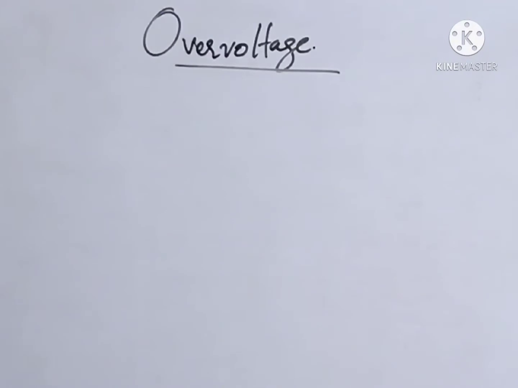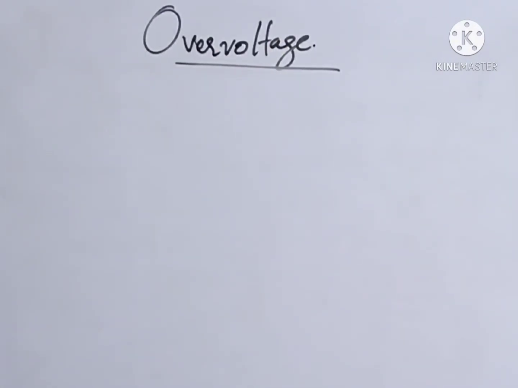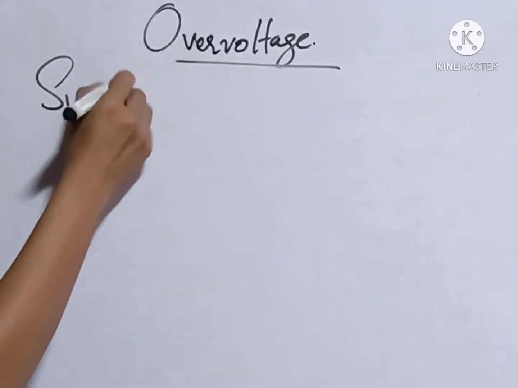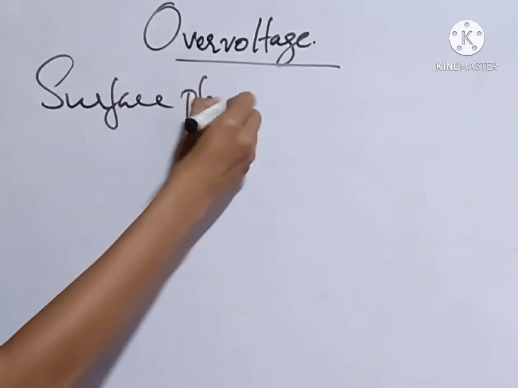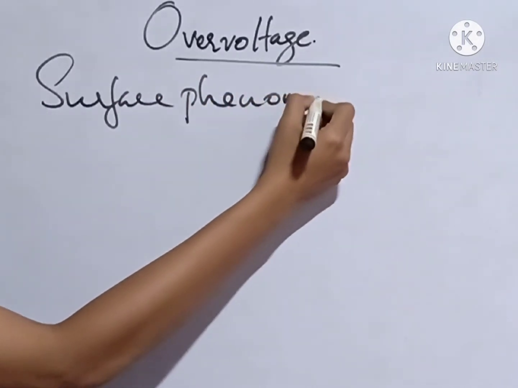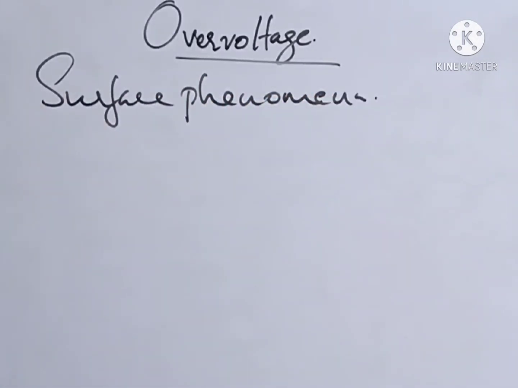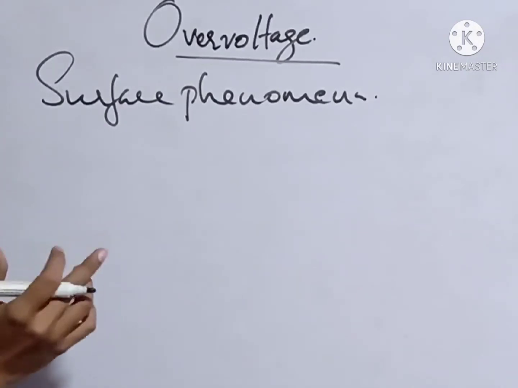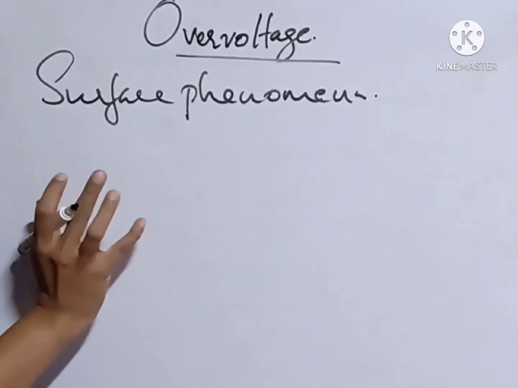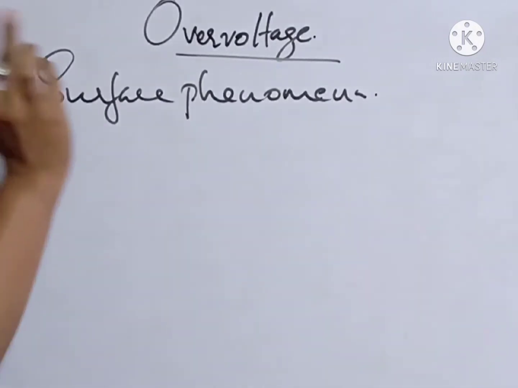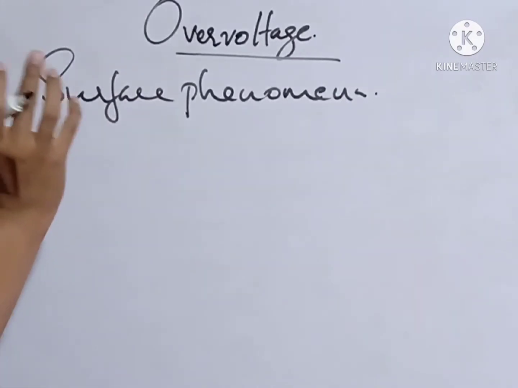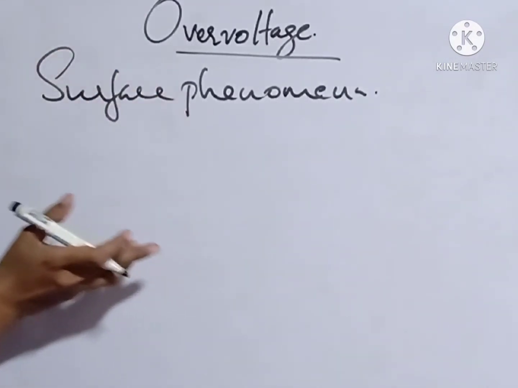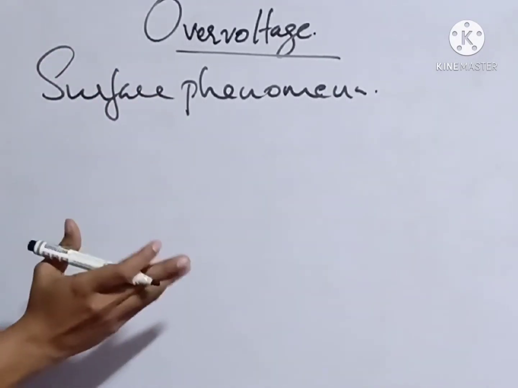Okay, the next term we are going to familiarize is overvoltage. This is actually a surface phenomenon. Okay, so this is the difference between the potential of the electrode when gas evolution occurs and the standard electrode potential of the cell.